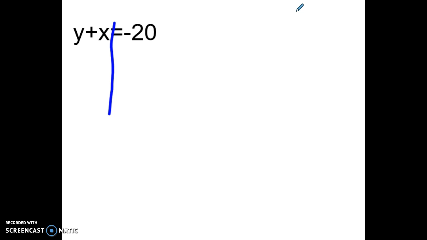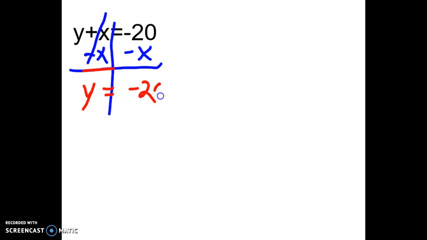The first thing I need to do is get rid of this plus x, which is the same thing as plus 1x, but to cancel out addition, I'm going to subtract x, and it cancels out. What I do on one side, I have to do on the other, so I'm going to subtract x over here. And then what I have left is y equals negative 20 minus x.